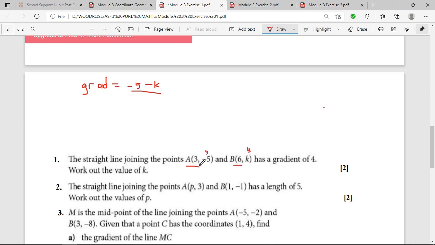We started with this point, so we also start with this point for x. Change in x is 3 minus 6, over 3 minus 6. That is the gradient. And we are told that the gradient is equal to 4, so we equate this to 4.